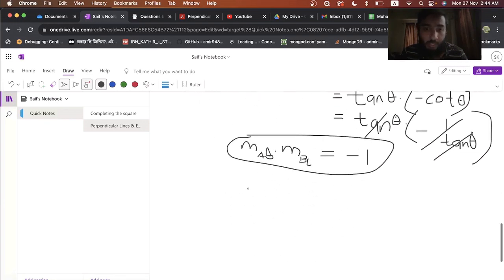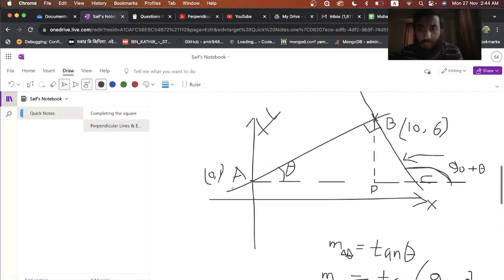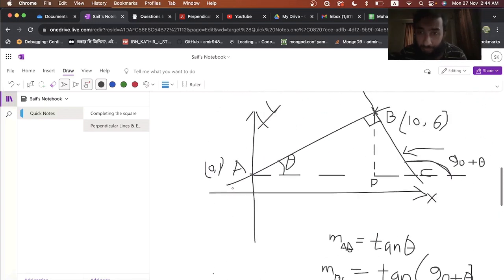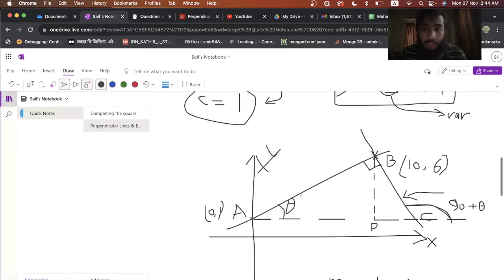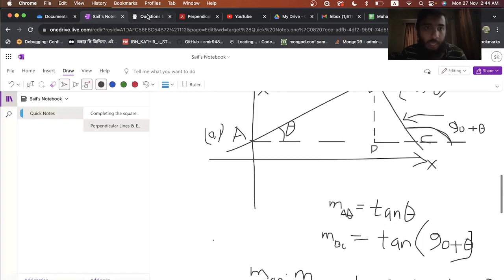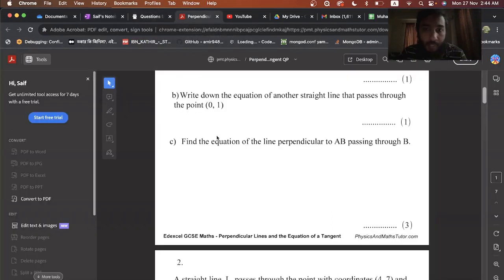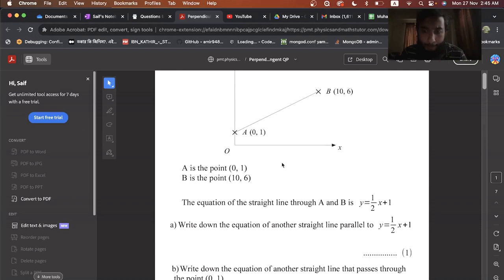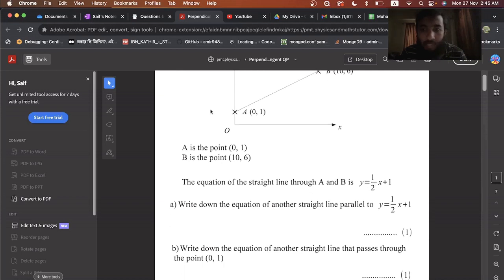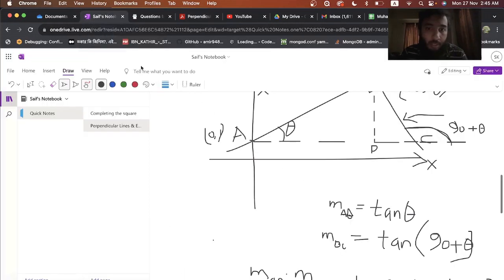So what is the standard equation? I know the slope of AB because I have the equation, which is y equals half x plus 1.